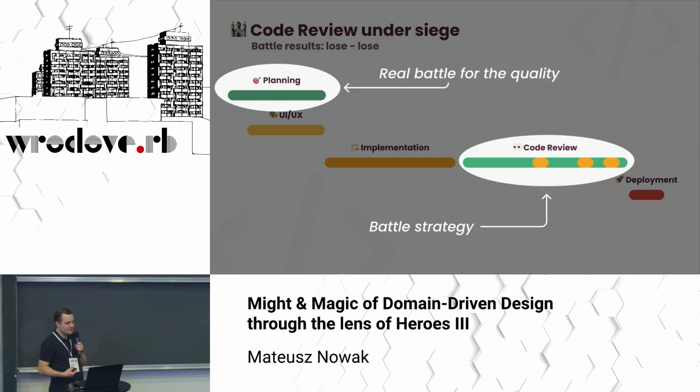But it would be better if we can think about the quality even before the implementation. Let's see that the real battle for the quality happens during planning and experiments, not during coding. We've avoided many mistakes thanks to that, because we do the exercise and we check our assumptions about the model.